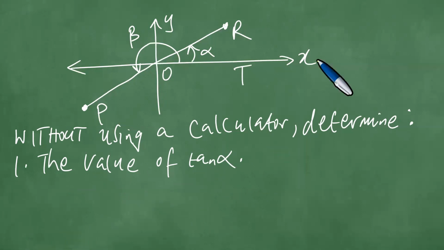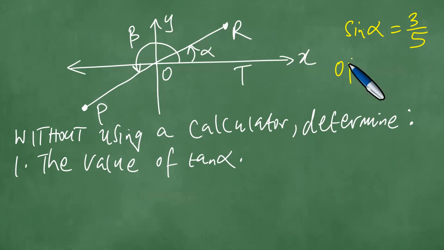Okay, so obviously there are a couple of things, but you also know that the sine of alpha is 3 out of 5. But you also know that OP is 2RO. Determine the value of tan alpha. Okay, what is the answer to this one, Tando? I'm giving you 2 minutes.